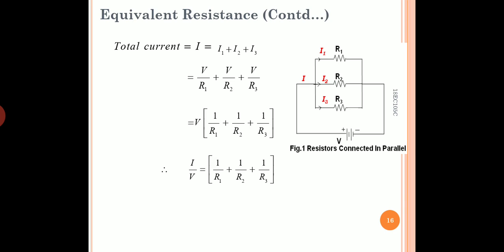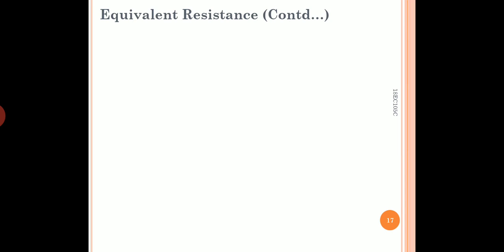And V by I is nothing but the equivalent resistance of the whole network. So I by V is the inverse of the total equivalent resistance, whereas for R it is V by I. If you invert that, you will get the value of the resistance equivalent to the parallel network.